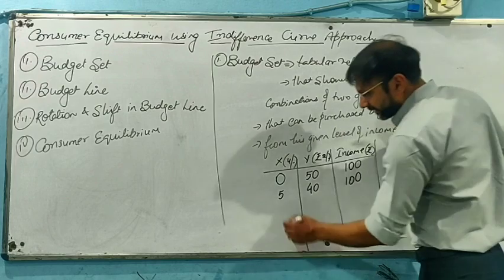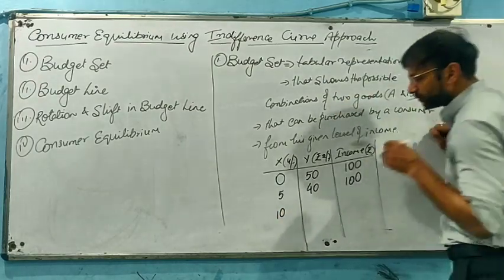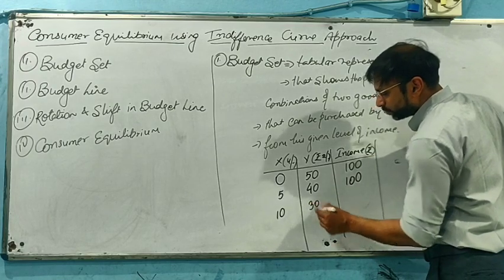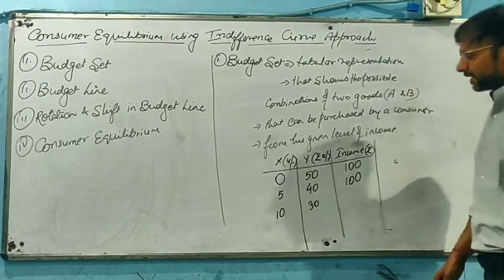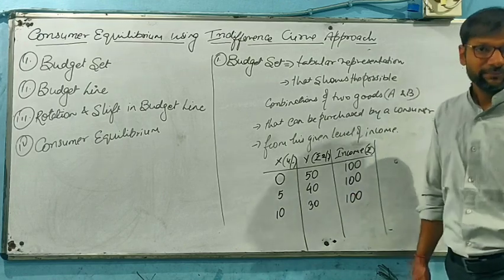If a consumer wants to buy 5 additional units of X, we need to sacrifice 10 units of Y. Again, the income spent will be 100 only.